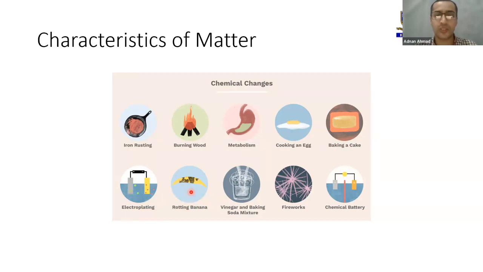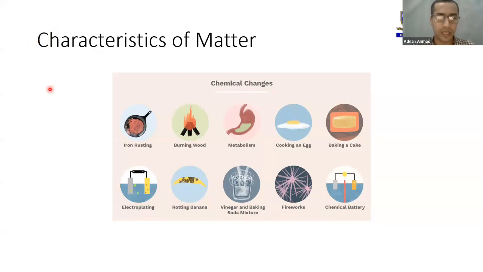Once fruits start to spoil, you cannot change them back, right? So all these are examples of a chemical change. Vinegar and baking soda, fireworks, and a chemical battery. The battery in your cell phone is also running on a chemical reaction or chemical change.